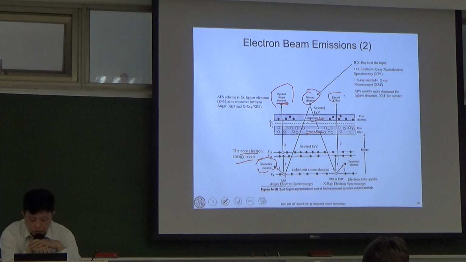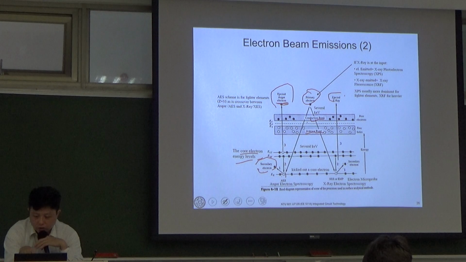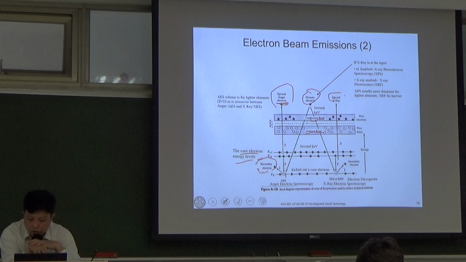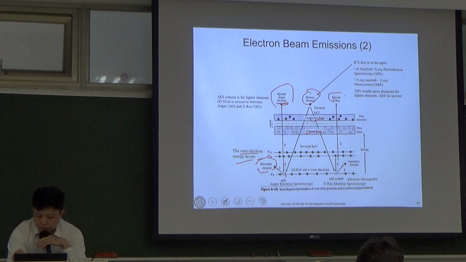If it doesn't involve a photon, that will be the Auger process. But if we involve a photon, then we can observe XPS, X-ray photoelectron spectroscopy.